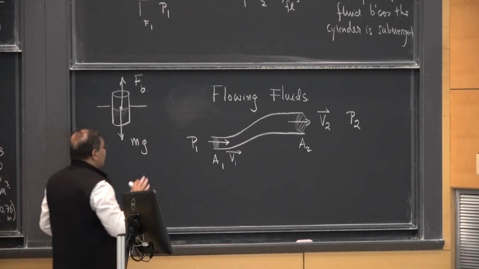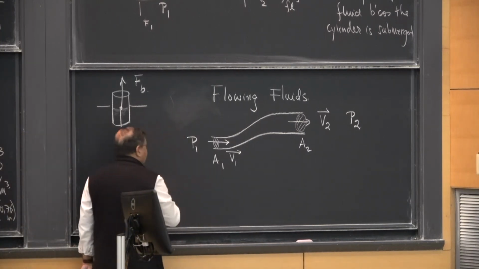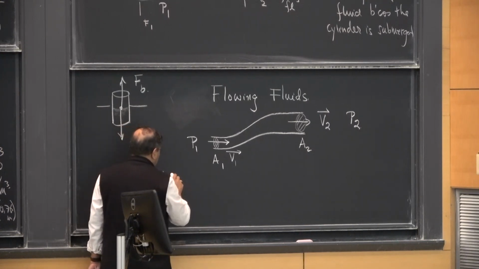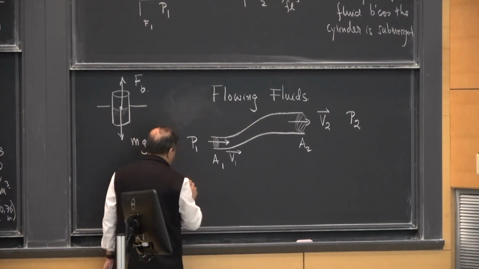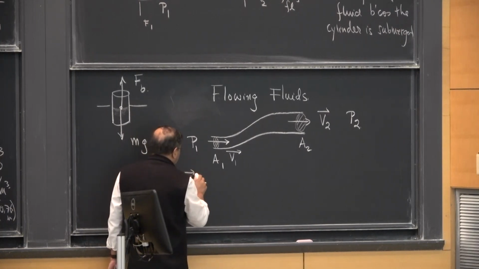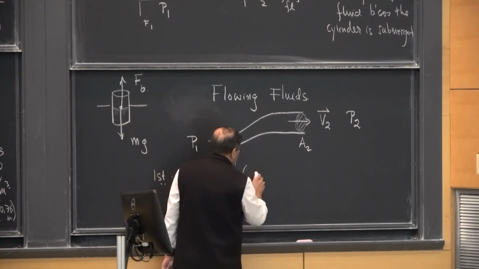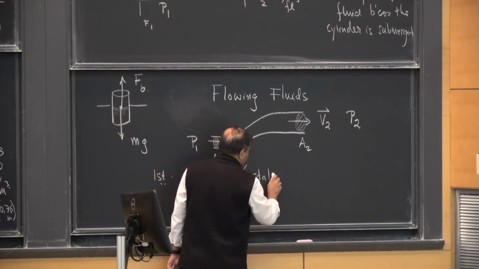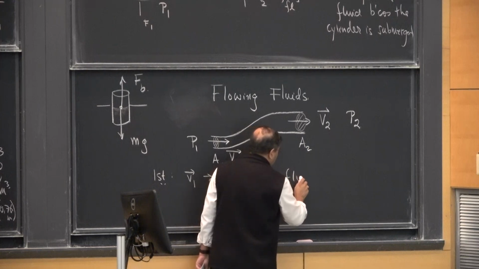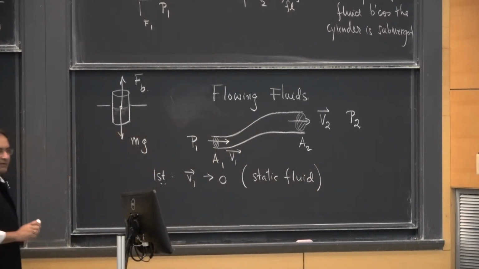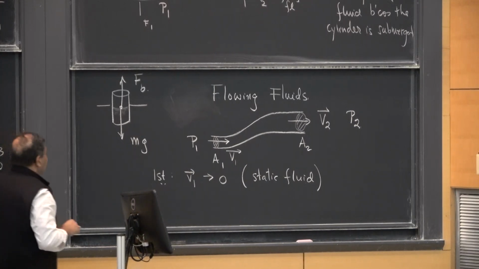So let us first keep things very simple. Let us say instead of flowing fluid, first, let's assume actually the fluid is not moving. So in other words, let V1 essentially go to 0. So basically it's a static fluid limit. If I turn off the flow, it's like a static fluid.